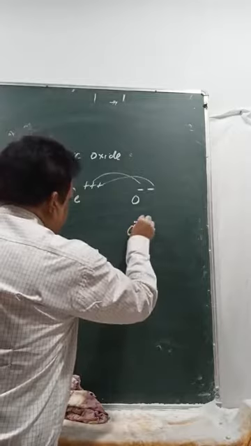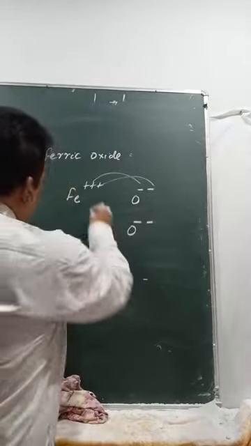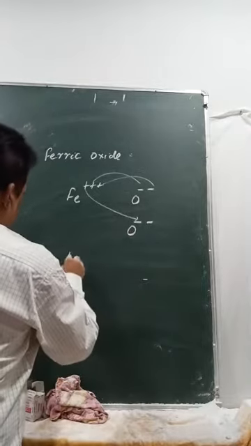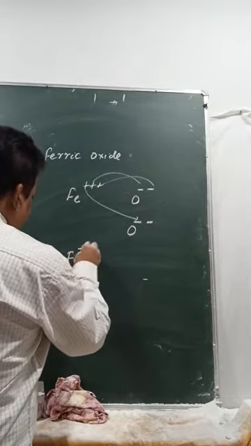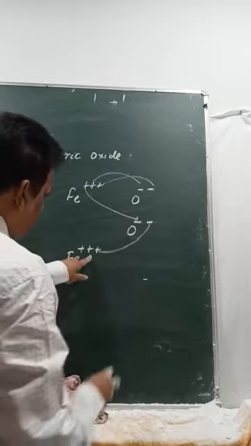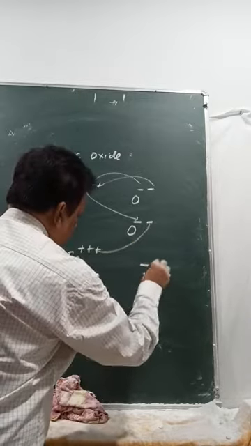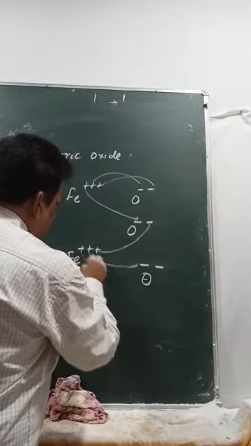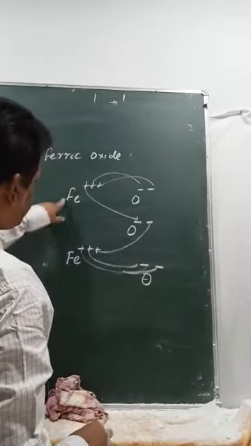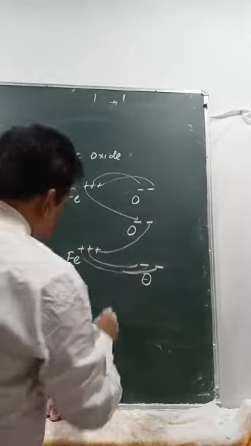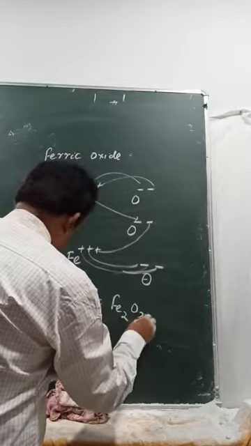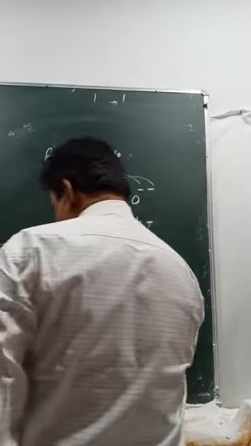If I write 1 more, that means this will go here, not balanced, 1 extra. That means you need 1 more Fe. Then this will go here, still 2 more. So then again you need 2 more oxygen, so that it will balance it. So how much you got? 2 Fe, 3 O. So Fe2O3. Okay.